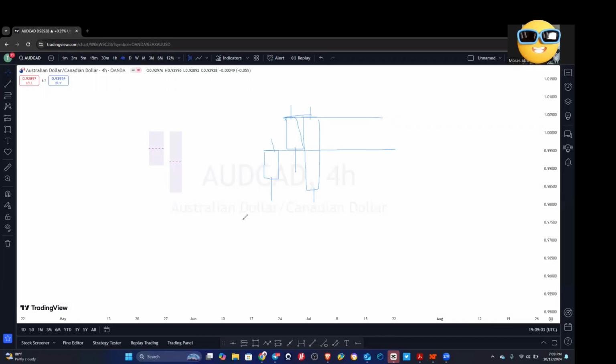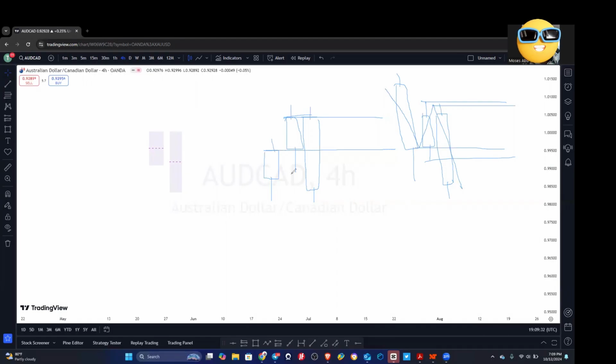Now, if the engulfing was looking like this, and I marked it, still we have two SNR levels because this is giving me a V shape and an A shape. So there's still two SNR levels in that engulfing.